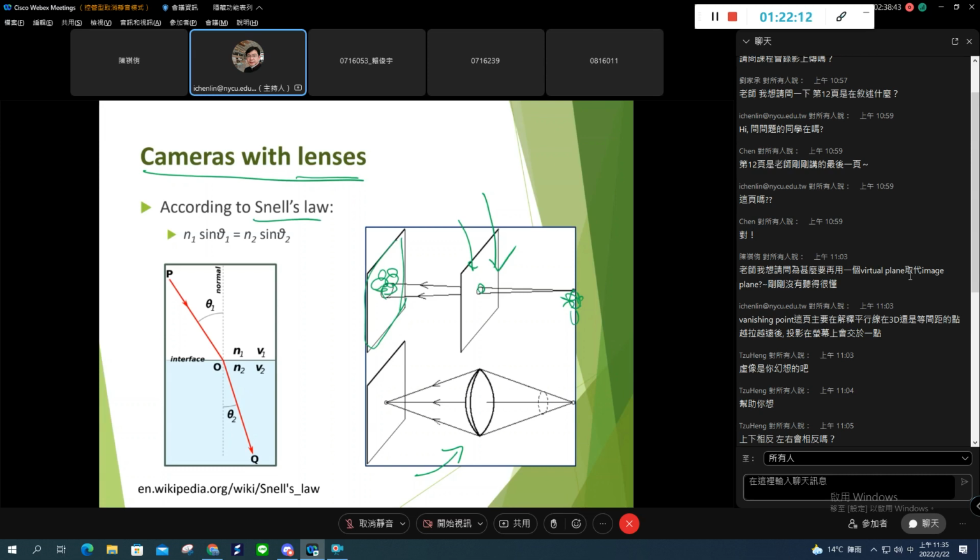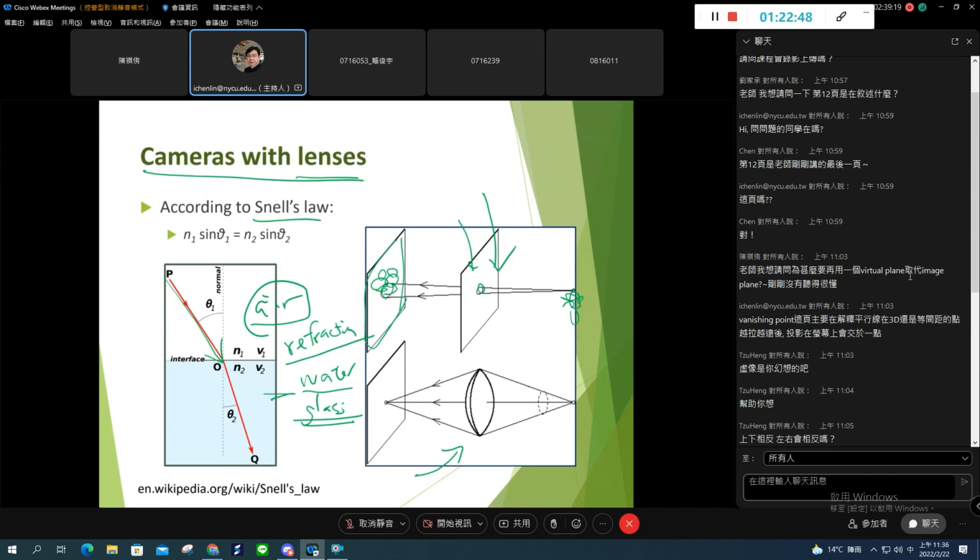When light passes through, for instance, water or glass, because their density is different, for instance this is the air, and when it goes through the water or the glass, the medium's density is different, so the light will change its direction, right? This is called refraction.